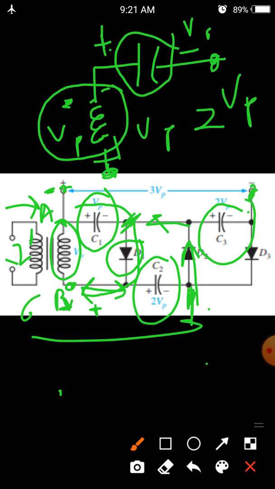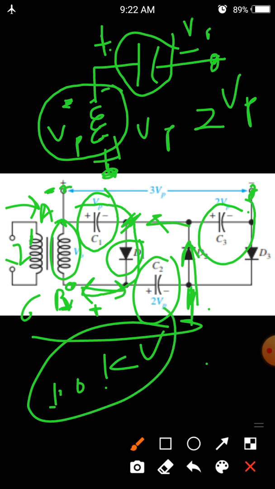Here we have all the voltage values as multiples of the input voltage, or the voltage across the secondary coil of the transformer. In electronics we can use it to develop 10 kilovolt in some circuits. With the help of this circuit we can develop that.